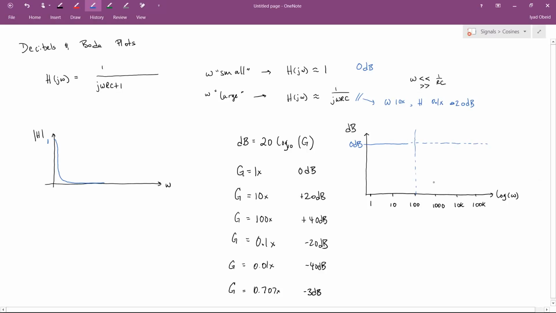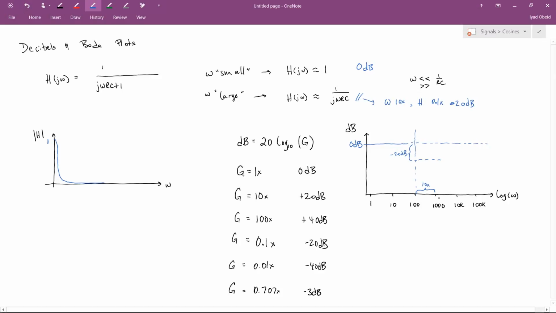Essentially what you're telling me now is that every time I go up by a factor of 10, my gain is going to go down by a constant of 20 decibels. So let's say that that is 20 dB. And then if I was here, now I'm here.